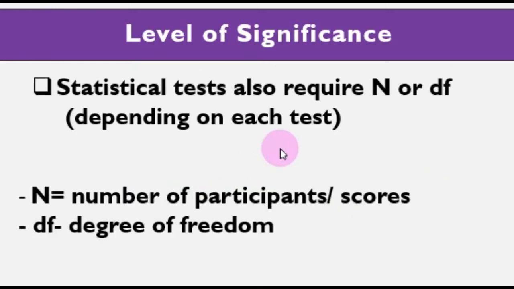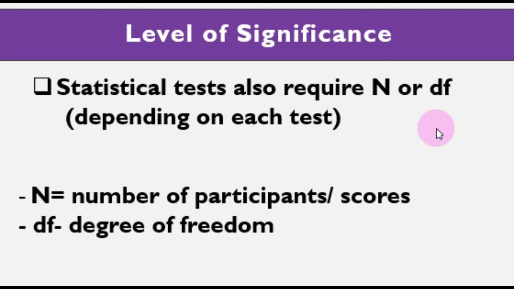Level of significance. Statistical tests also require the number or the degree of freedom. Depende sa kung ano sinabi ng statistical test na ano yung degree of freedom, yun yung gagamitin mo when you apply statistical tool doon sa study mo.